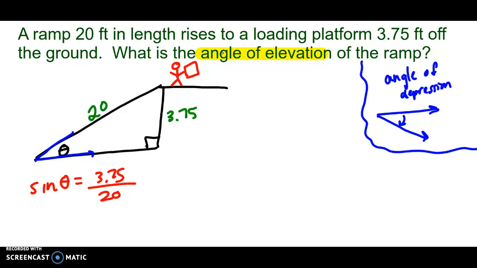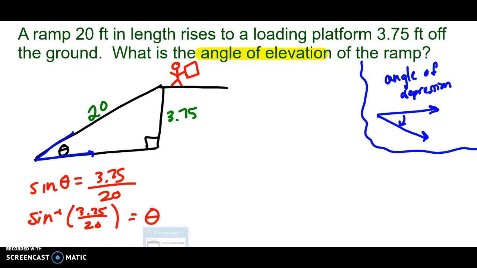With context like this, think about what makes sense. It makes sense to talk about this in terms of degrees. So to find theta, we have to use our inverse: sine inverse of 3.75 over 20 would give us theta.